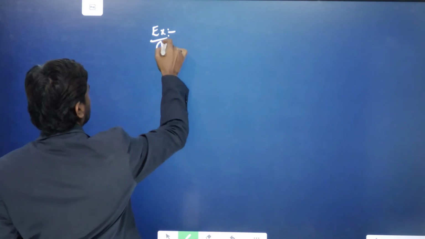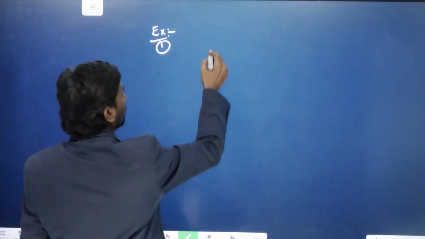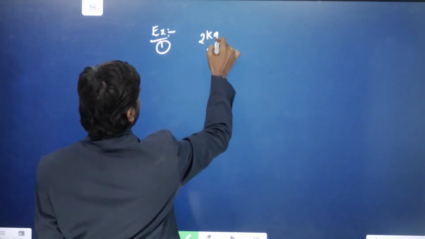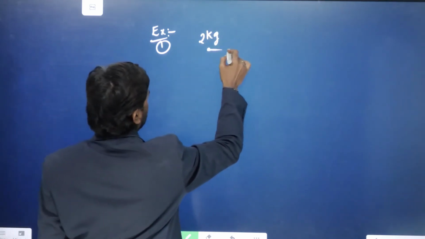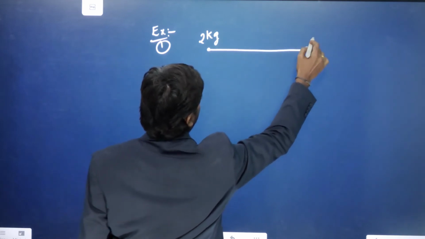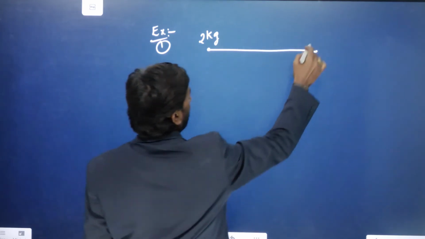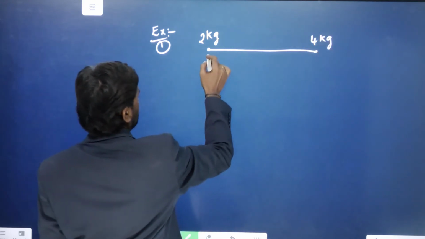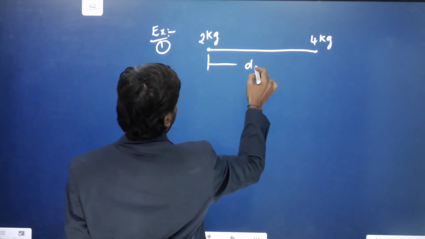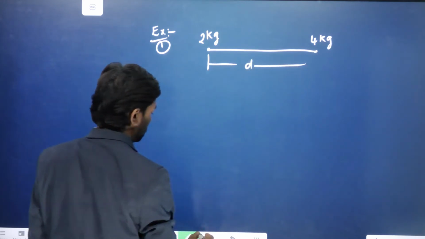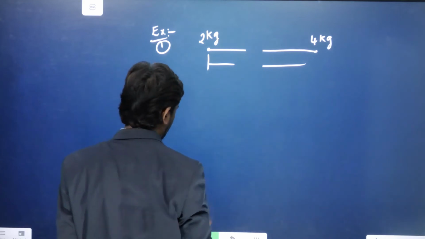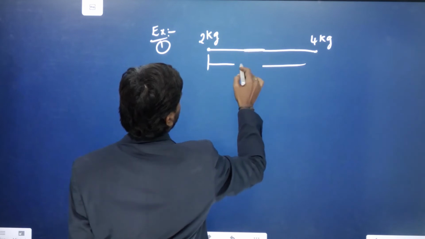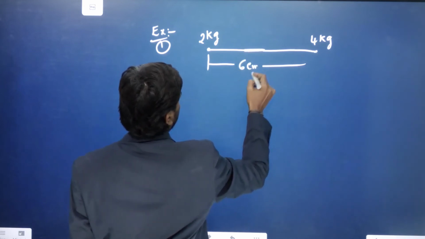Example 1. Let us consider a mass of 2 kg, and the second mass of the particle, let us consider 4 kg, at a distance of 6 centimeters.